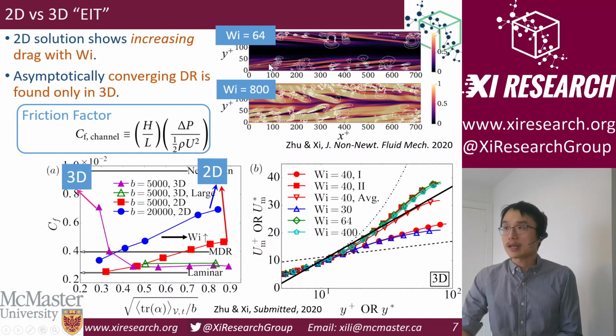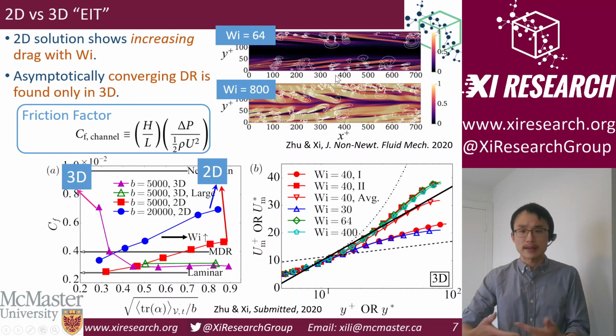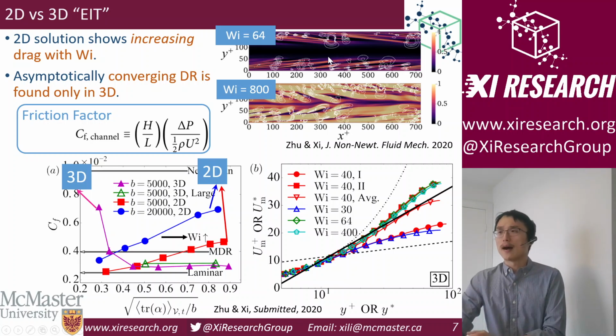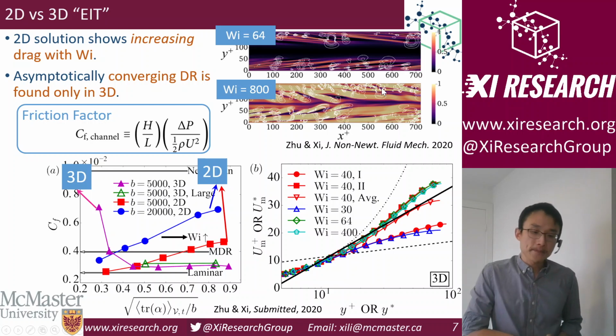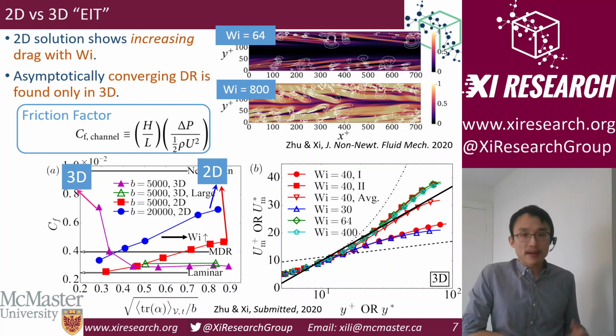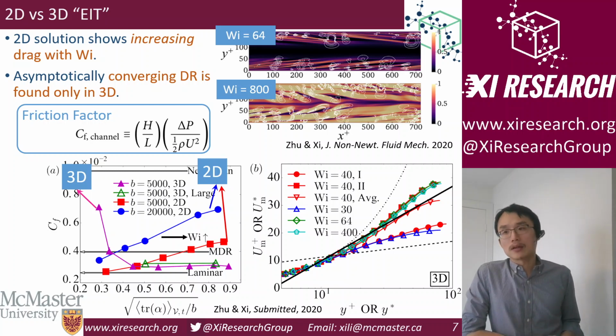The colors here show the level of polymer extension, so they show a very distinct sheet-like structure in polymer extension, which is also known for EIT. We start by checking the hypothesis that MDR is the pure form of 2D EIT. This can be easily done.